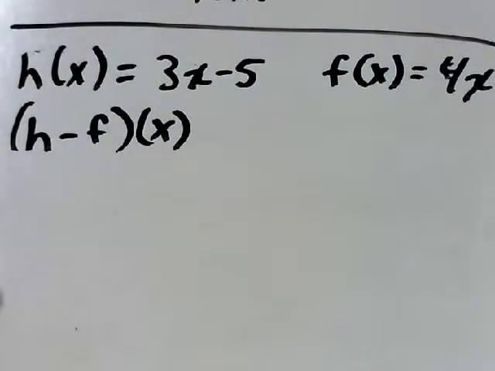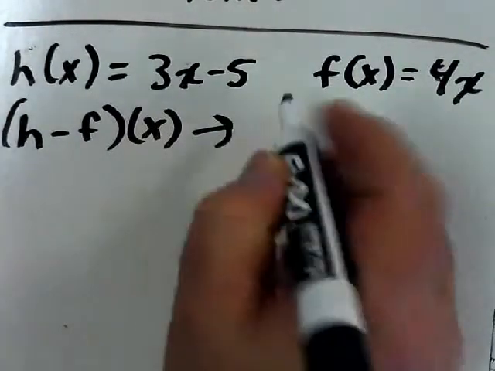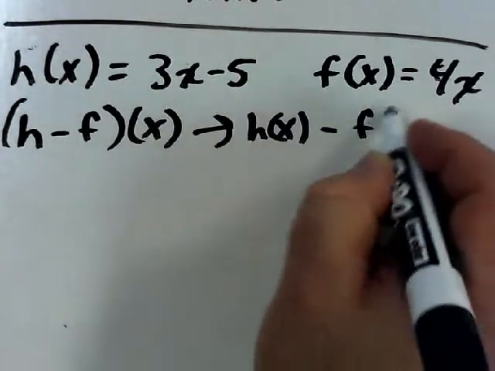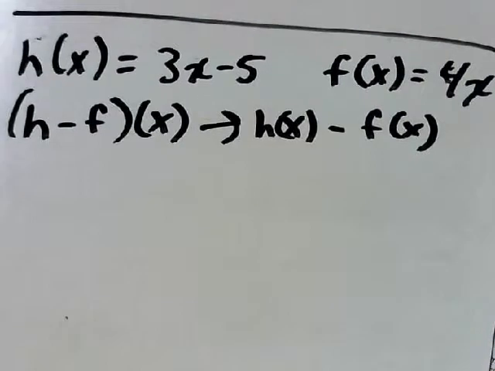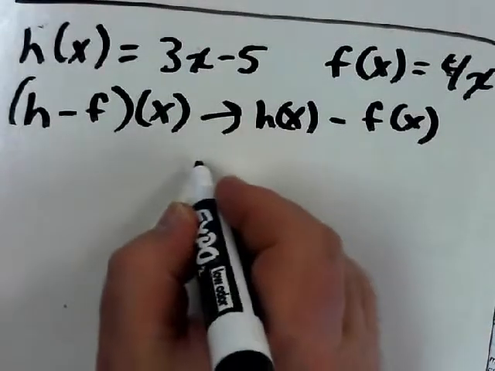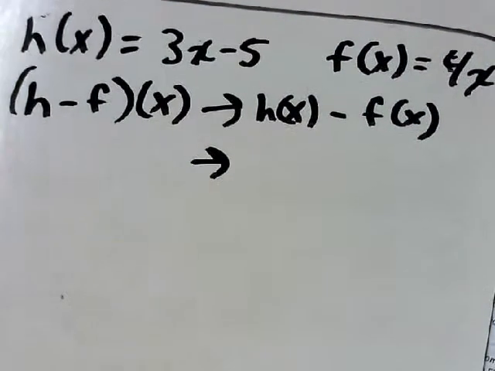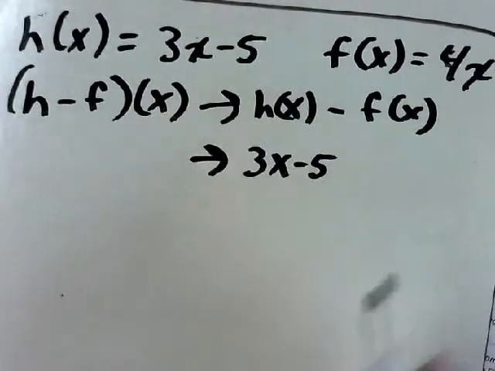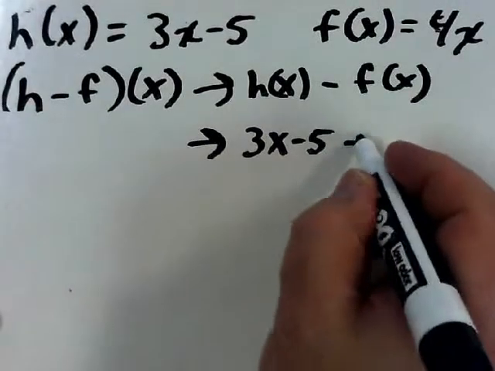Yeah. If I did an h minus f of x, that means that I'm taking h of x minus the f of x, correct? Which means that I would have what type of expression here? 3x minus 5 minus 4x.